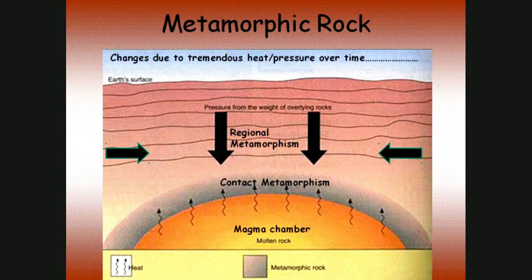The heat of that magma chamber plus the pressure of being at that depth combines to change that halo of rock around the magma chamber into a new kind of metamorphic rock. Okay, that's contact metamorphism. It's in contact with a magma chamber and has great pressure from being at depth. All right?